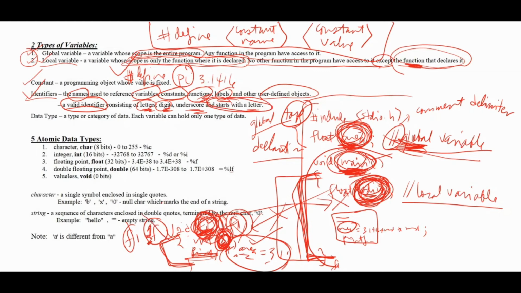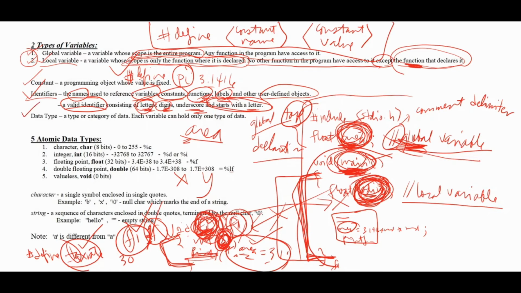Okay, so this is not a valid identifier. This one is a valid identifier. X is a valid variable identifier. Y is a valid variable identifier. And area is a valid variable identifier. It starts with a letter and it consists of letters. And then you could say also, tax rate, is this a valid constant identifier? Yes, it is. It consists of letters and it starts with a letter.